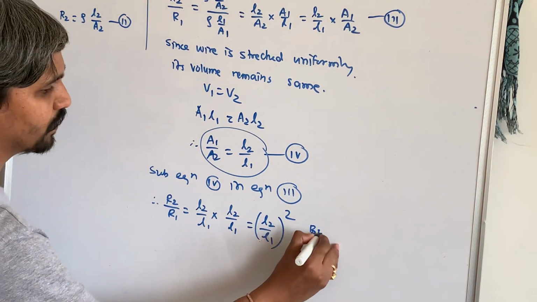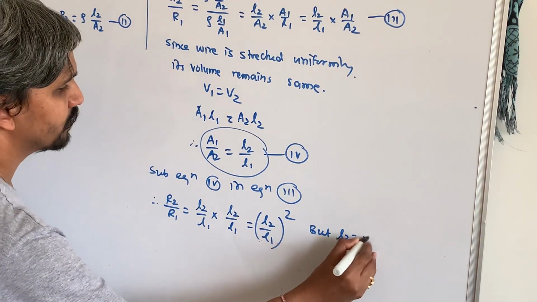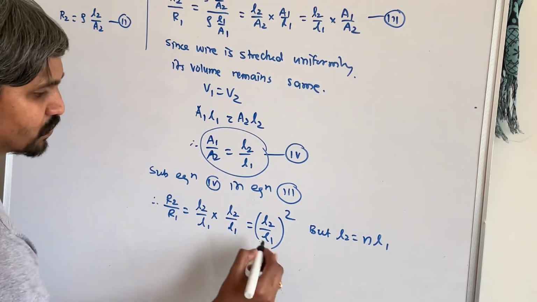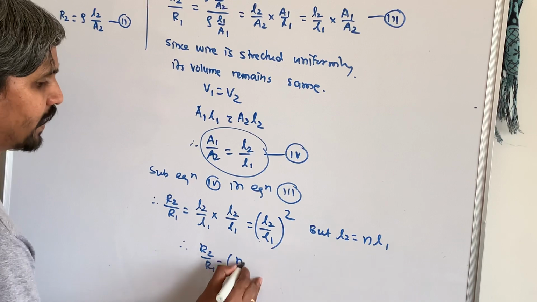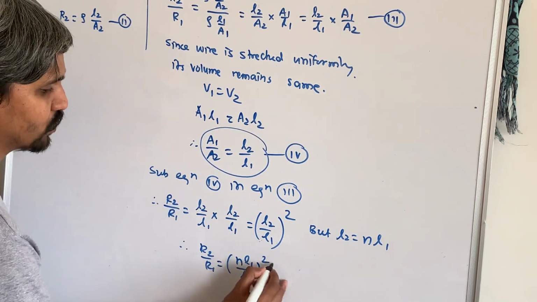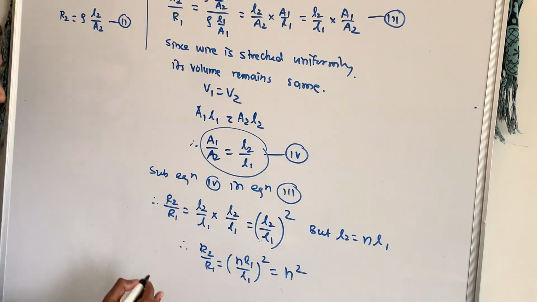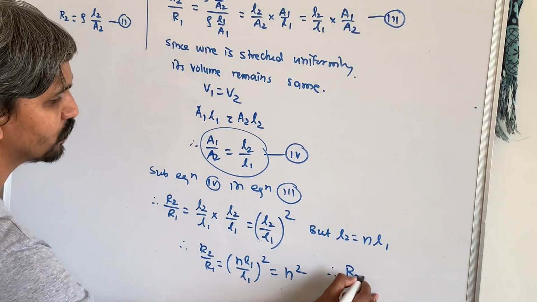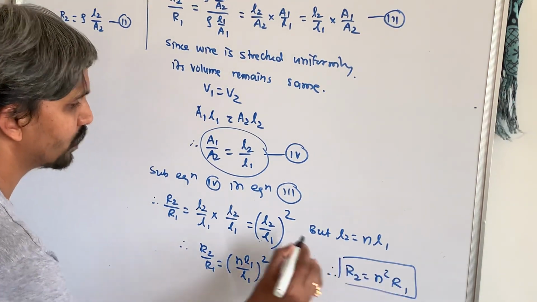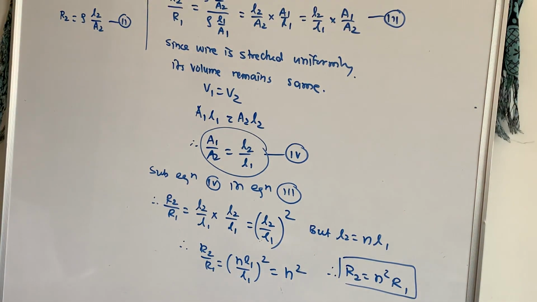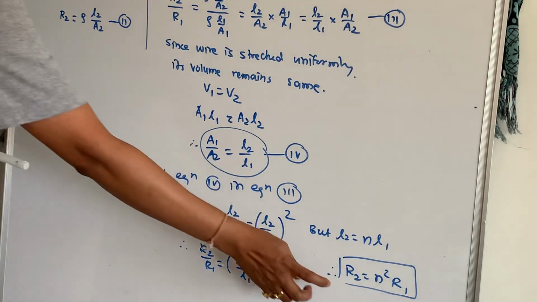But what is L2? It is n times L1. So R2 by R1 is n L1 upon L1 the whole squared, which is equal to n squared. Therefore R2 is equal to n squared R1. Here n is how many times the wire is stretched. Now no need to remember this proof, just this relation is important.